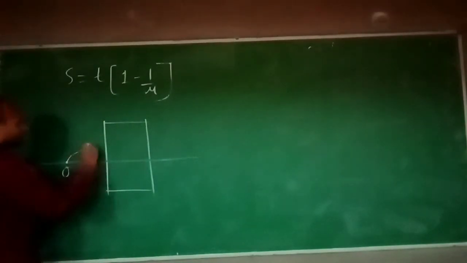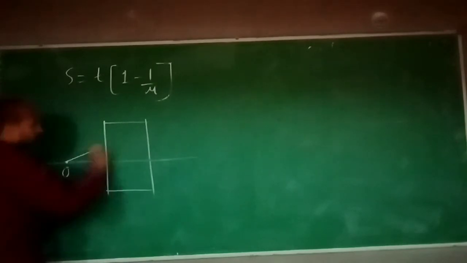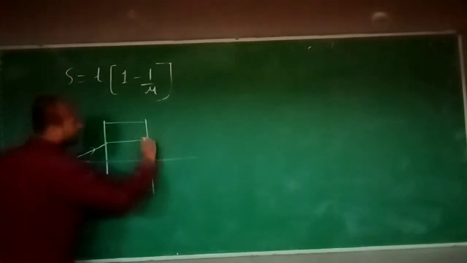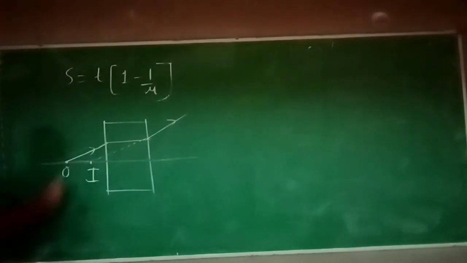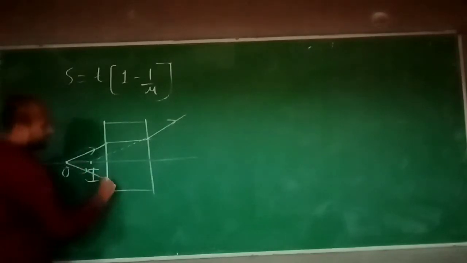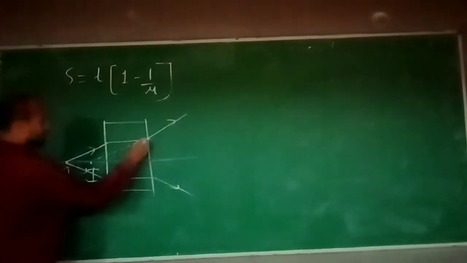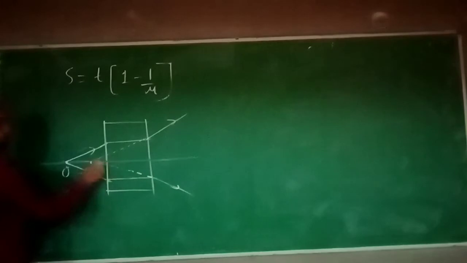So see here, if I take one slab, consider this is an object. The ray will go like this, it will bend like this, it will bend like this. You can see here, this is the image formed in the first case. Correct now? Same thing, take another ray, it will bend like this, again it will bend like this. If you extend these two lines, what is happening?